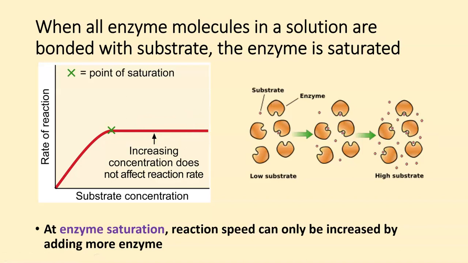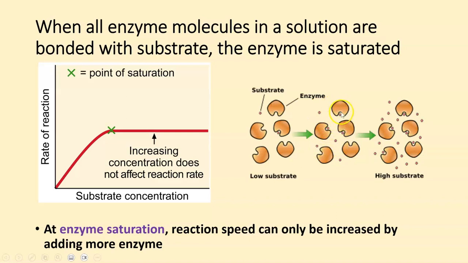Point of saturation means that, if you look at the illustration on the right, there comes a point where you can continue adding substrates and there are enzymes still available to bind those substrates to catalyze the reaction. But if there are too many substrates and not enough enzymes to bind them, like in the middle scenario here, you see a few extra substrates hanging around.